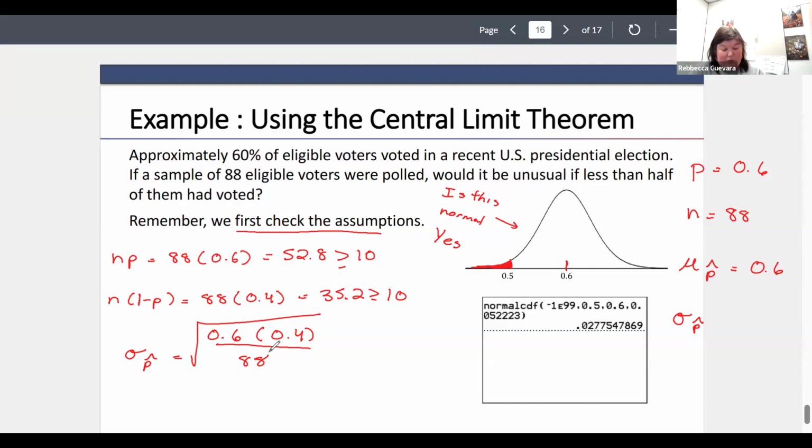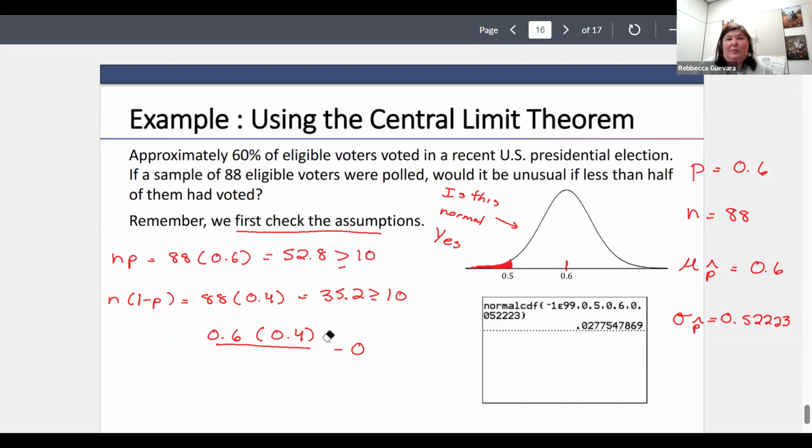So the square root of 0.6 times 0.4 divided by 88 is going to give me 0.05223. The further you round that out, the better your approximations are going to be later.